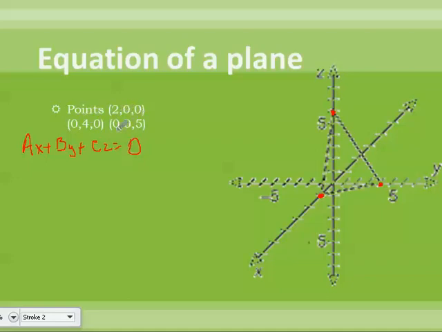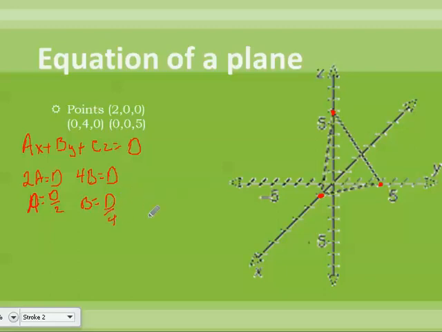If I stick a 2, 0, 0 in there for x, y, and z, I'm going to get 2a equals d, I'm sorry, a is equal to d over 2. I'm going to stick a 0, 4, 0 in for the x, y, and z, and I'll get 4b is equal to d, or b is equal to d over 4.